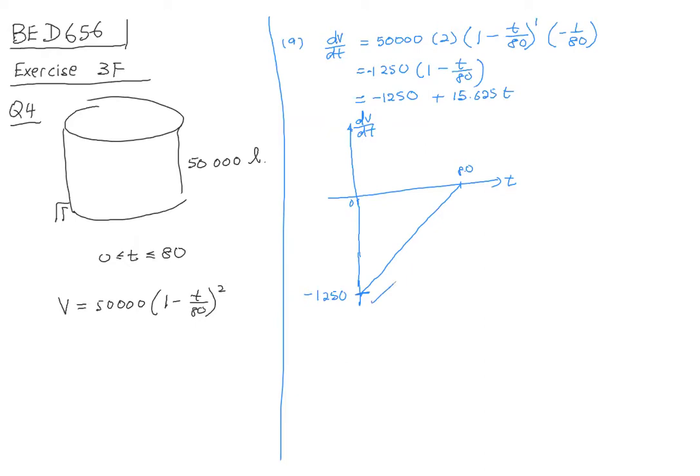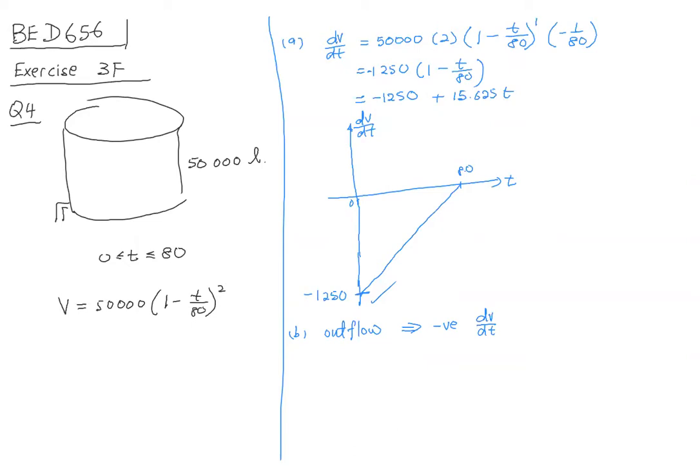So your part B, at what time was the outflow? You see the part B, the word outflow. Outflow implies negative dV over dt.